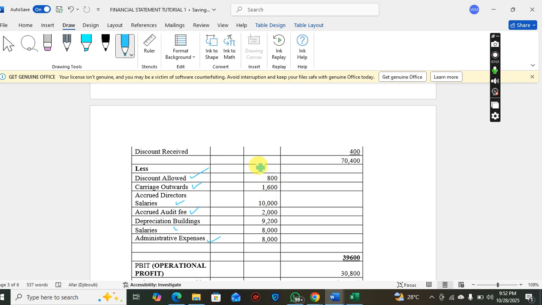All right, we have all these expenses, so we total them up. 800 plus 4,600 plus 10,000 plus 2,000 plus 9,200 plus 8,000 plus 8,000. We get 39,600. These are the operational expenses.